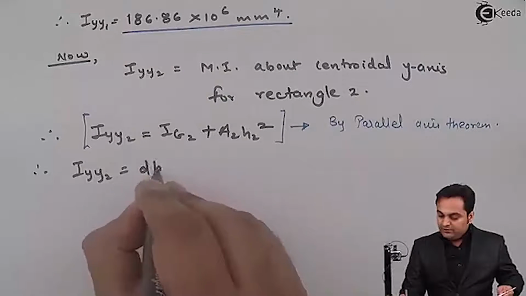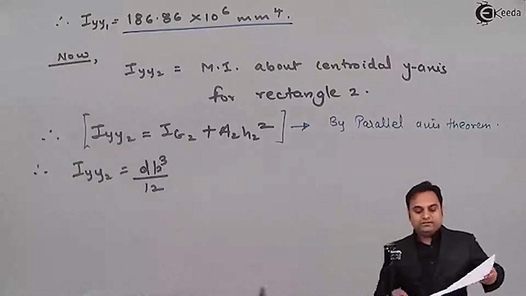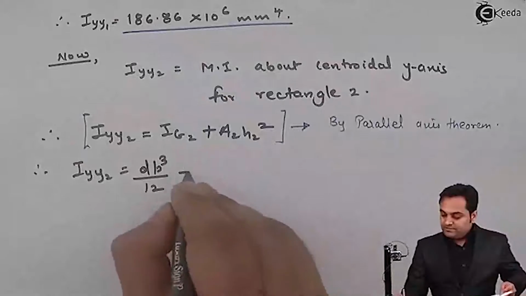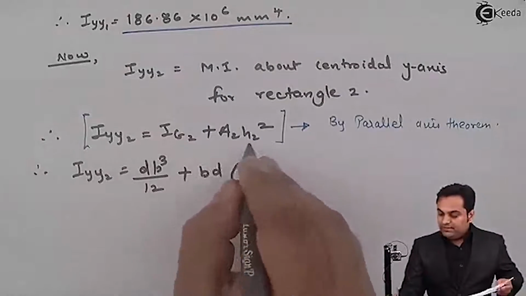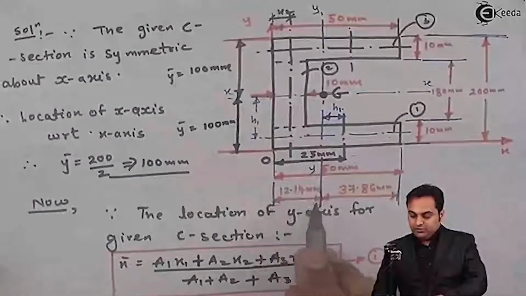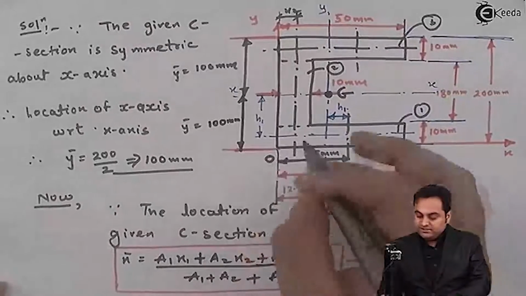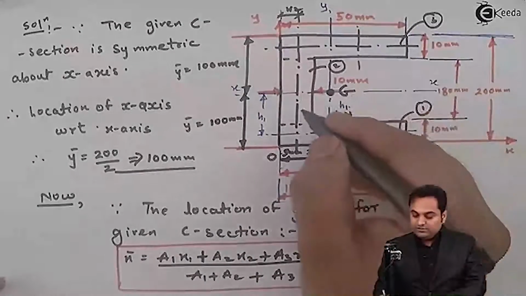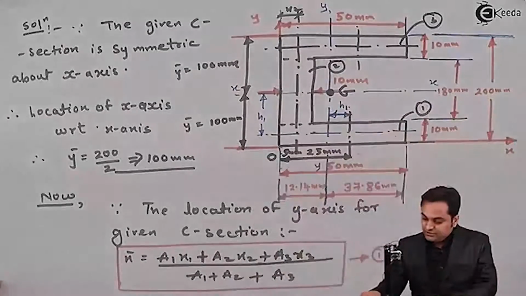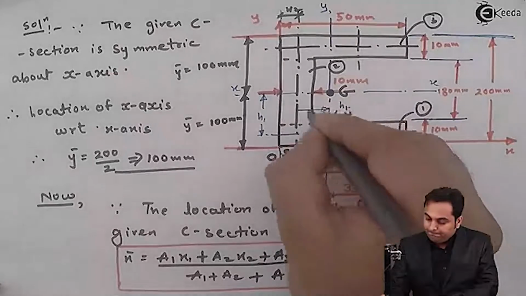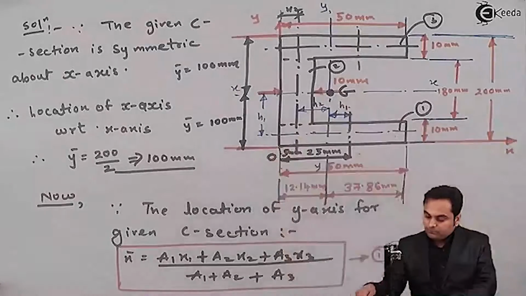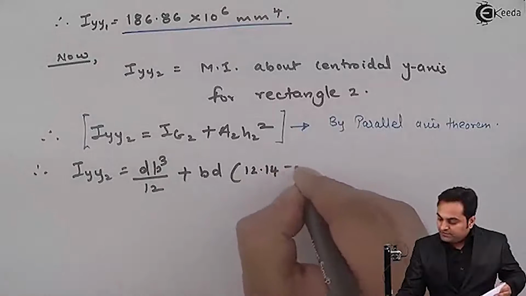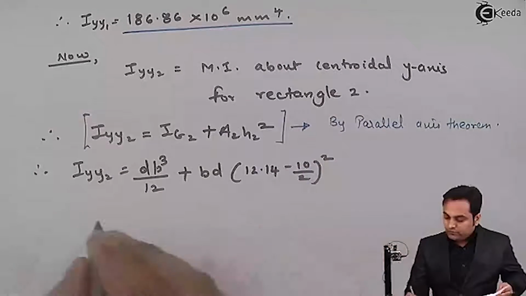Ig2 is db cube by 12, MI for rectangle number second about its y-axis, plus area 2, which is b into d, and h2 is the distance between 12.14 minus this distance, which is 5 mm. This is h2. So it is 12.14 minus half of 10 square.